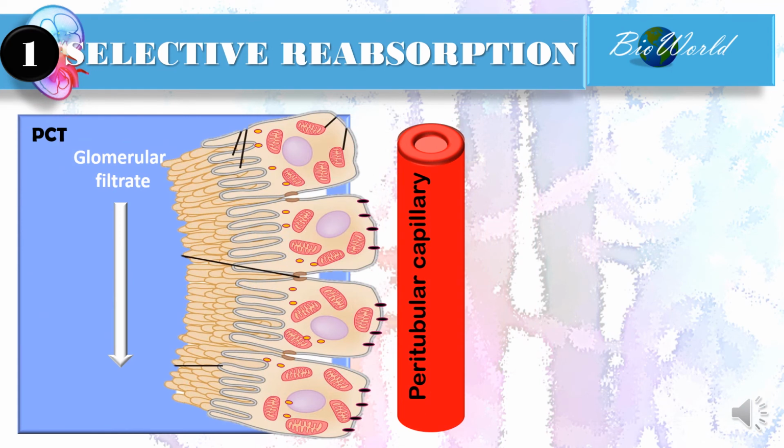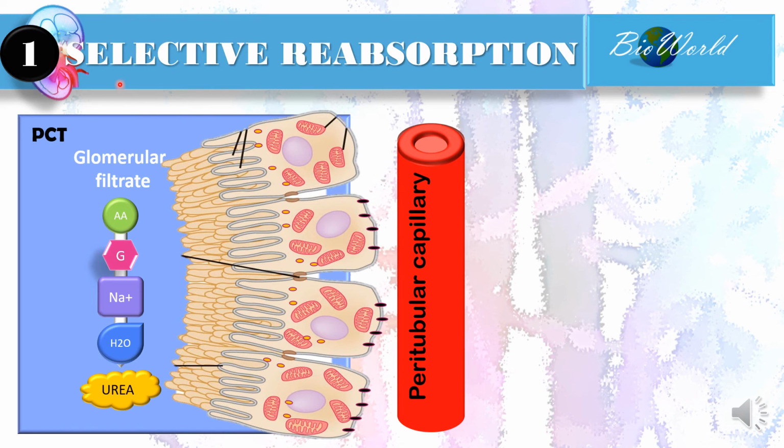Let's visualize selective reabsorption in the proximal convoluted tubule. The lumen of the proximal convoluted tubule contains glomerular filtrate. The glomerular filtrate will have useful molecules such as the amino acids, glucose, sodium ion, and water. It will also contain waste substance such as urea.